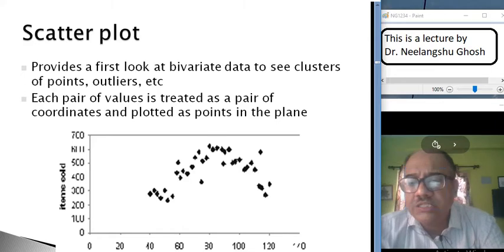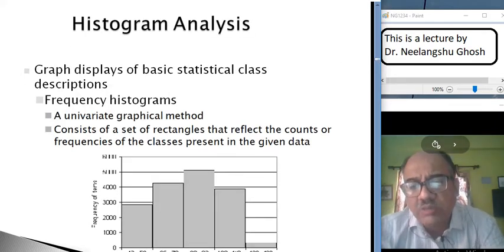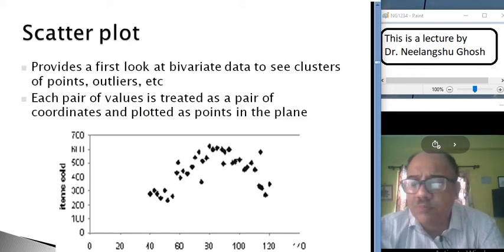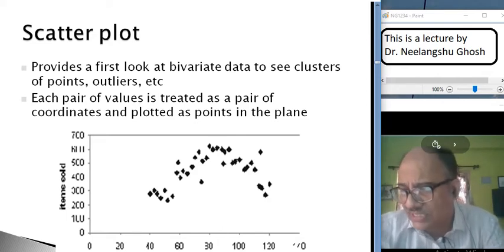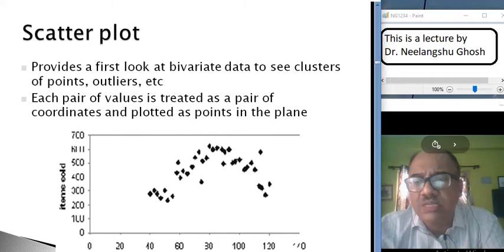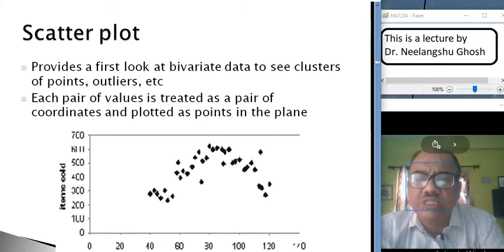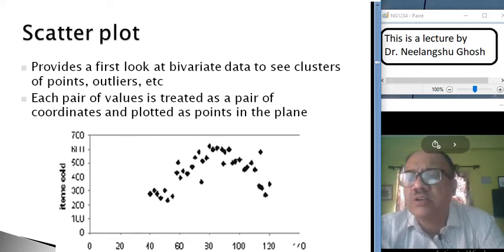In a histogram, frequencies are plotted; in a scatter plot, individual values are plotted. Each point has two coordinates, an x value and a y value, and it is scattered. Say the price is about 120 rupees, and the number of units sold is about 600. So this is the representation of the scatter plot.